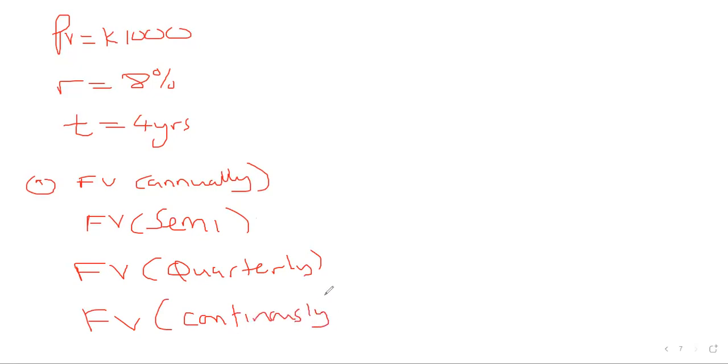Now, these are very important to understand. The future value and the time value of money is given by the present value times (1 + r) to the power of time. This is when you're dealing with an annual basis. Future value is the amount we're getting tomorrow.